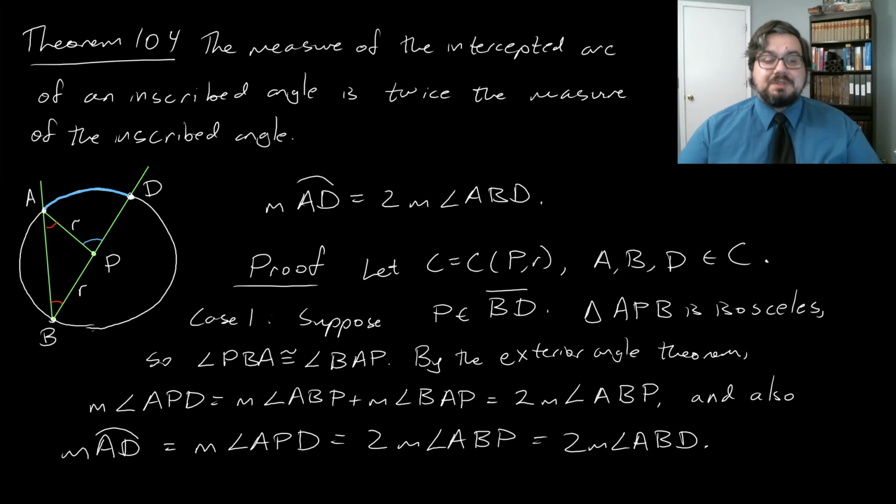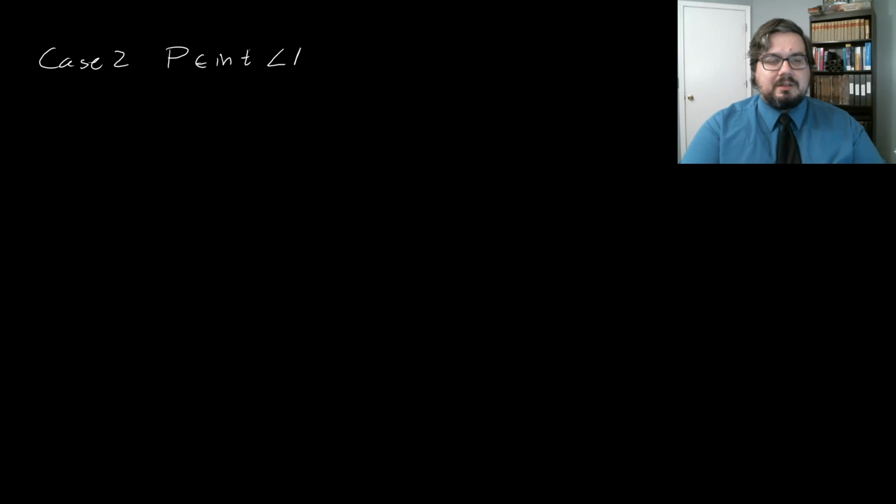There are 2 other cases, one where the center lies in the interior of the angle and one where the center lies outside the interior of the angle. So we'll just sketch the proof of that. So case 2, let's suppose that P is in the interior of angle ABD.